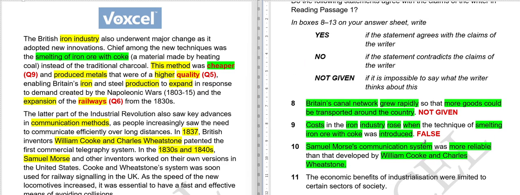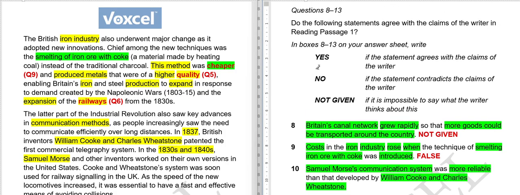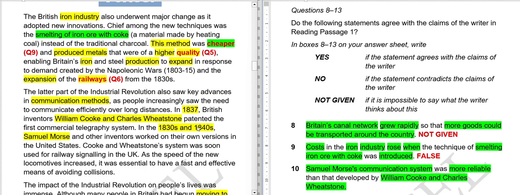So if it is, or if it was more reliable, we'll say yes. If it wasn't more reliable, or if the reliability was equal, we'll say no. And if we don't have any information on this, like whose system was more reliable or not, we'll say not given. So we have read the names somewhere.